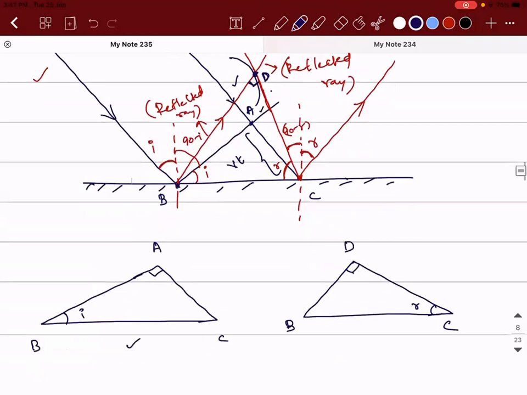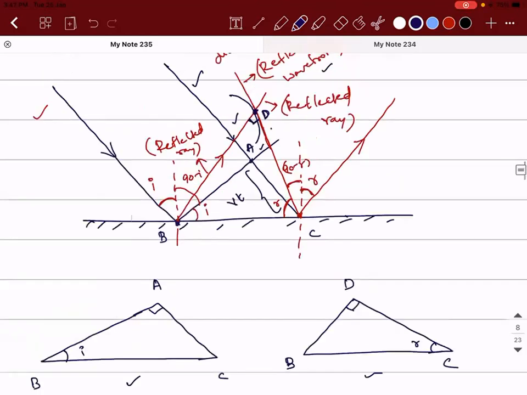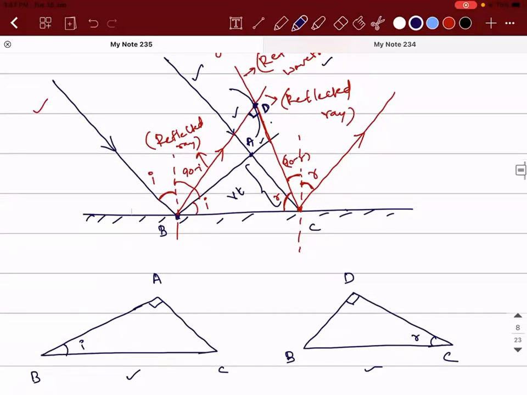And I can say BC is a common side for these two triangles. Right? When BC is common, then what else can I say? Then I can say AC is equal to BD, because AC is vt, BD is also vt because you took that as the radius and drew it.